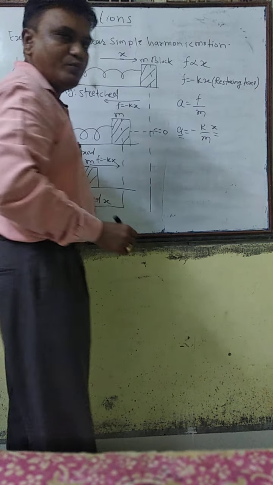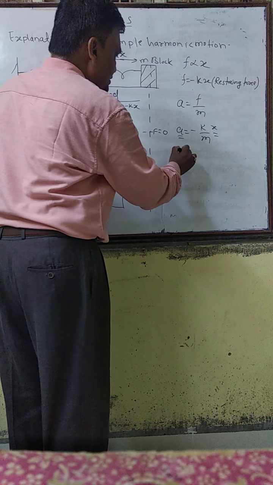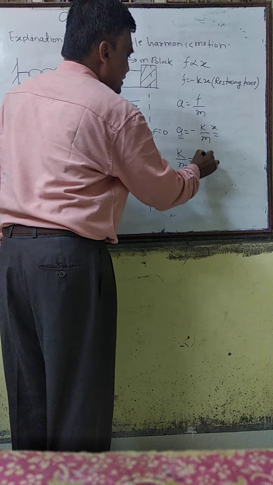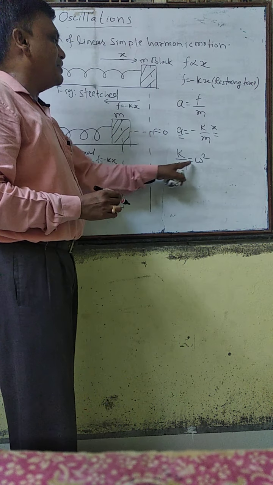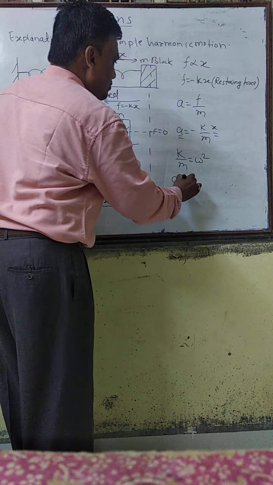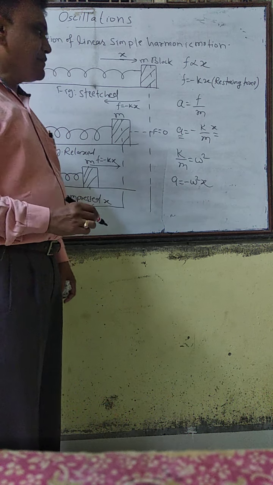Acceleration is directly proportional to the displacement, and we can put a constant, omega square, instead of k by m. Therefore, acceleration A equals minus omega square x. This is the acceleration.